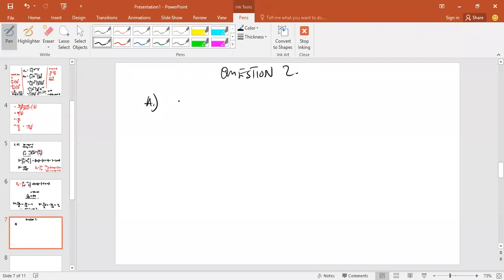Okay, so the question is change the repeating decimal of 3.7 bar to a reduced form A over B, where B is not zero, using the sum of infinity of a geometric series.